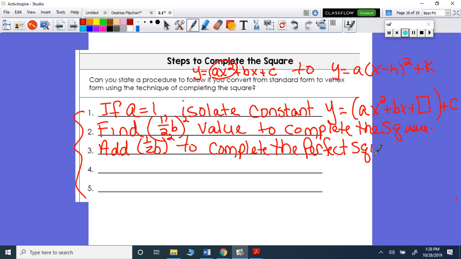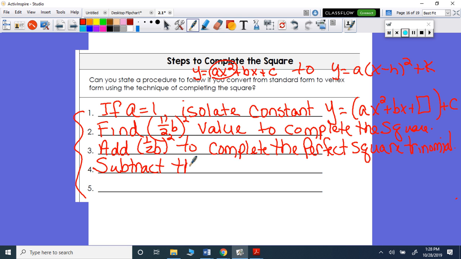Like I said, these words don't help my brain. But if they help yours, that's why I'm doing it. But this is where we differ from Algebra 2, because normally you would have moved this constant across the equal sign and then put the half of the value squared over there. We can't do that, but we can't change the value of the problem. So this is the new step.